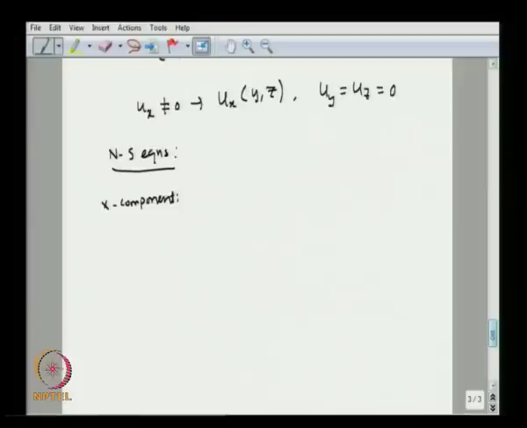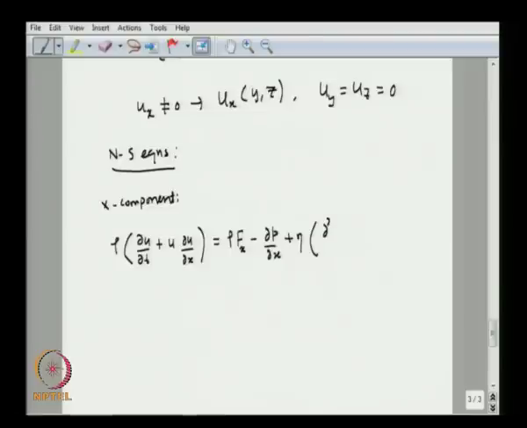So, the x component would be rho into del u over del t plus u del u over del x equal to rho f x minus del p over del x plus eta into del square u over del x square plus del square u over del y square plus del square u over del z square.